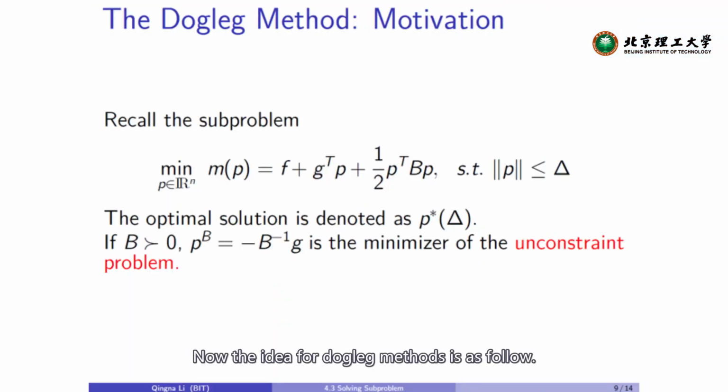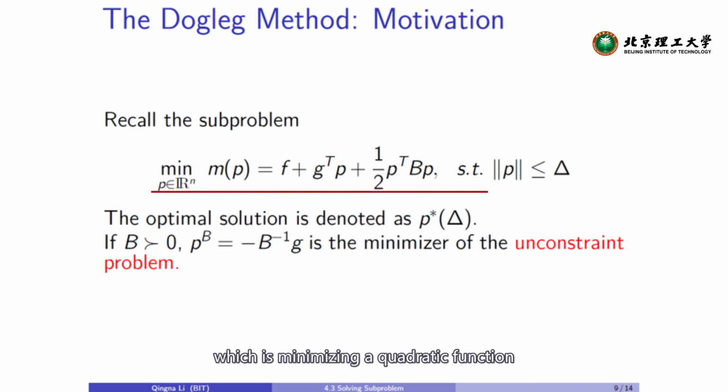Now, the idea of the dogleg method is as follows. We first take a look at the subproblem, which is minimizing a quadratic function subject to the trust region constraint.